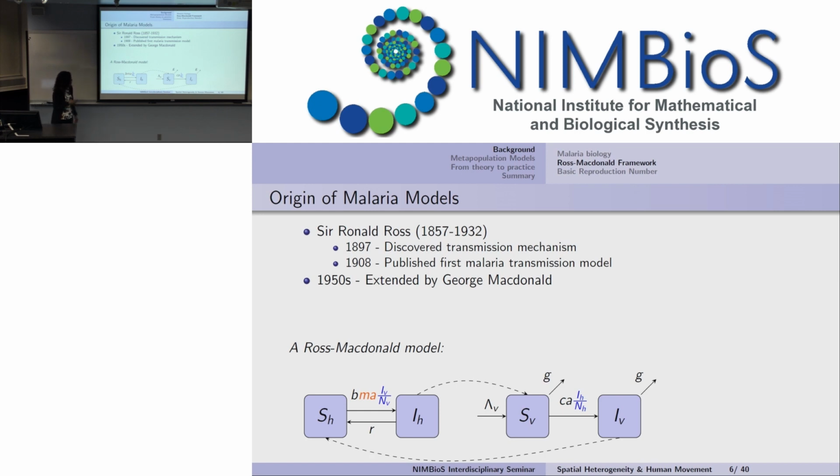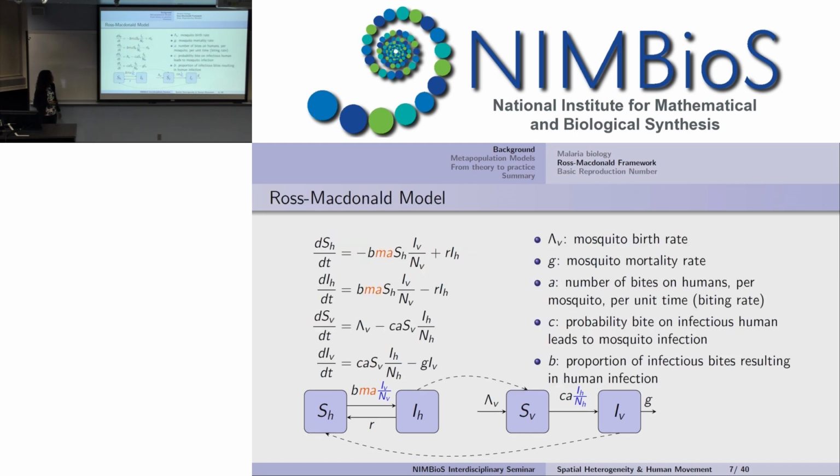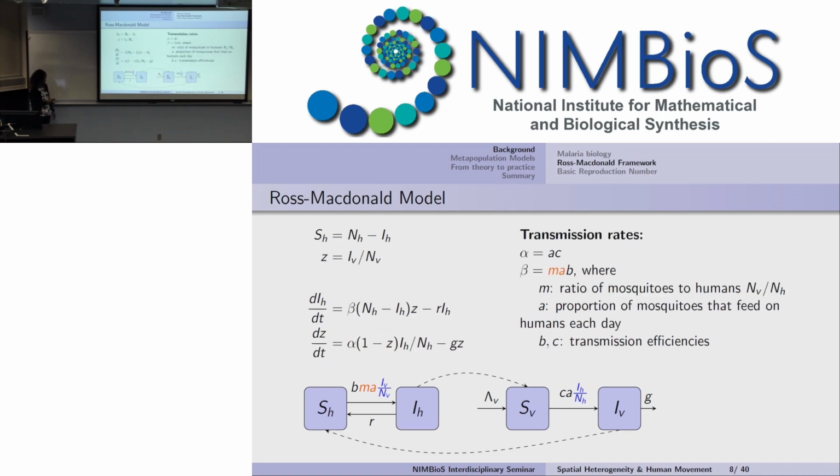So we can take this picture and write down a system of differential equations, where each equation represents the rate of change in one of these variables. For example, the second equation represents the rate of change in the number of infected humans. We can make a couple of observations to reduce the number of equations down to 2. One is that because we're ignoring disease-induced mortality, the human population is actually constant.